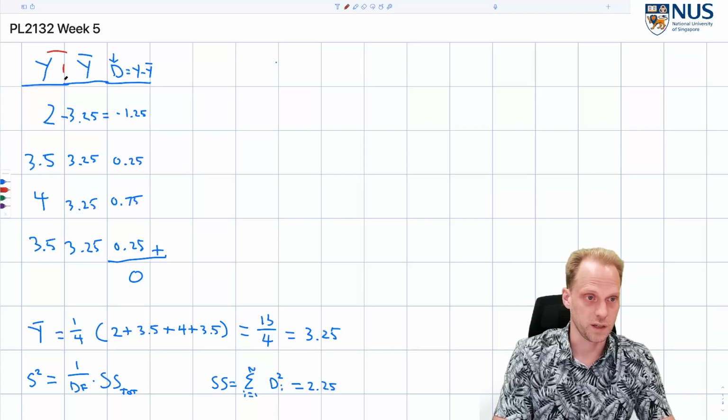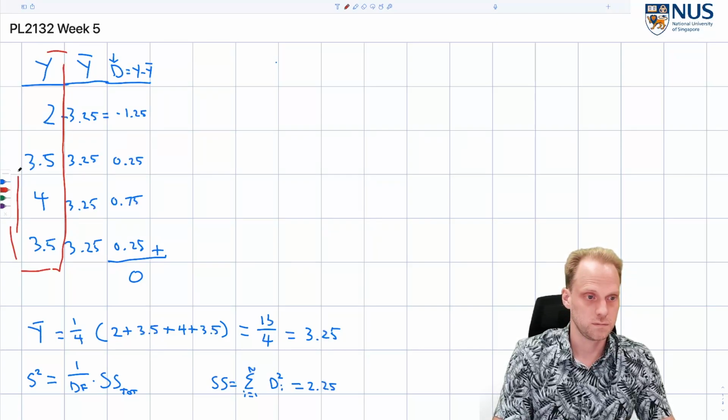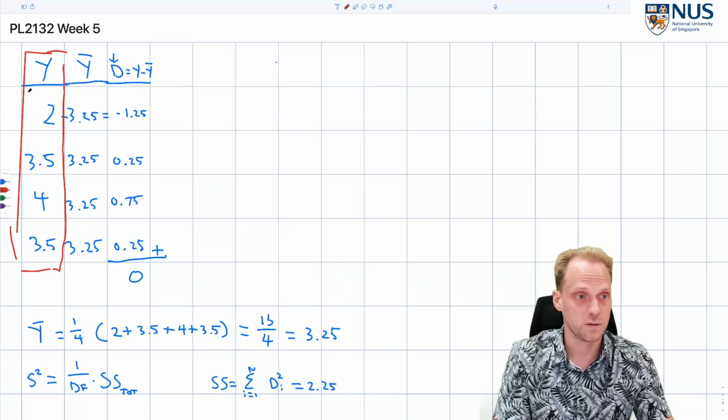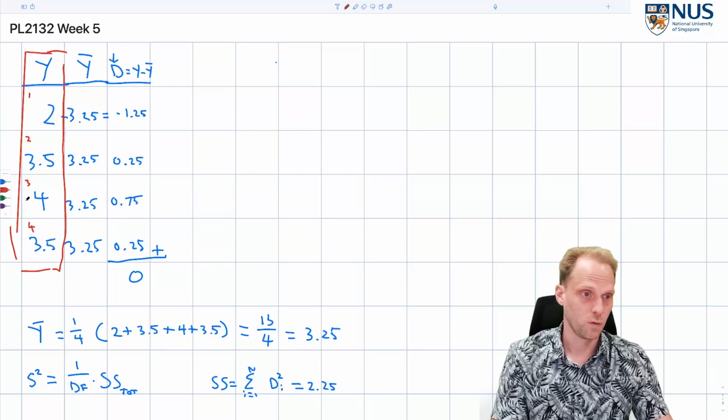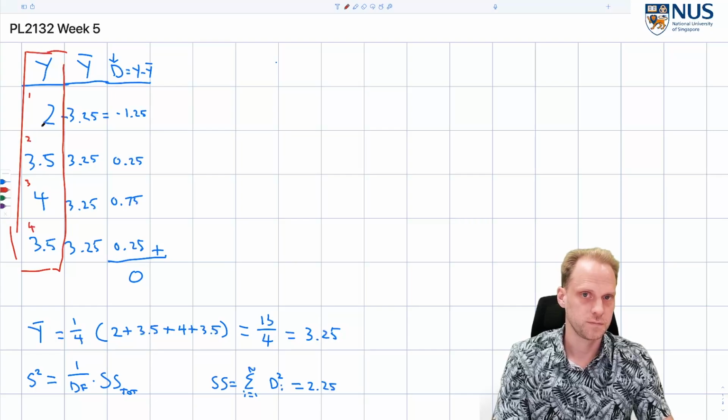So here we have our data. And in our data, we have 4 pieces of information. 1, 2, 3, 4. 4 pieces of information in the outcome variable that we are interested in.